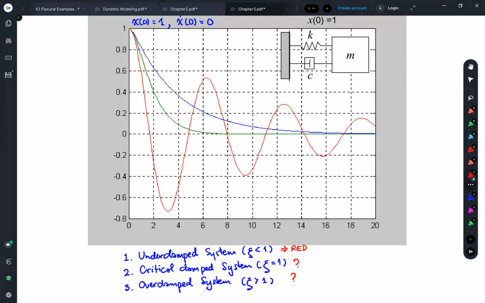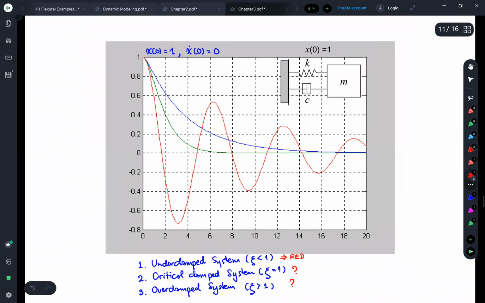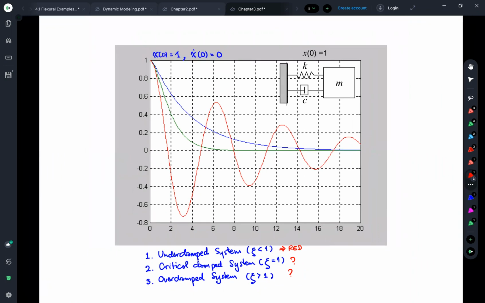You carefully look at this curve, this plotting, and tell me the critically damped system, which color is it? The overdamped system, which color is it? For sure, you cannot say green and green. You cannot say blue and blue. I plot the three systems for you here in this plot.